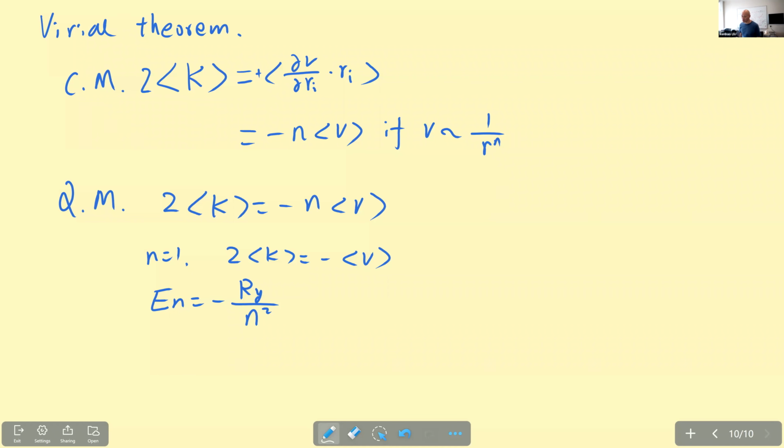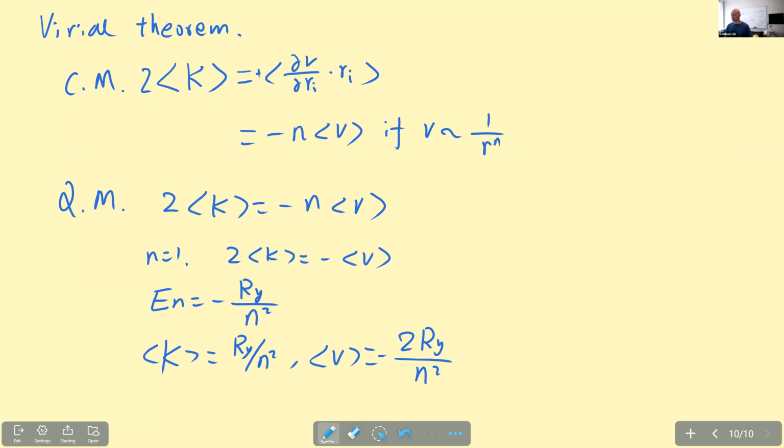you can say that the kinetic energy will equal the Rydberg energy divided by n squared. Okay, and the potential energy will just be twice of this one, with a minus sign.